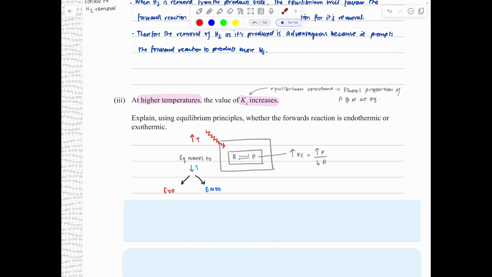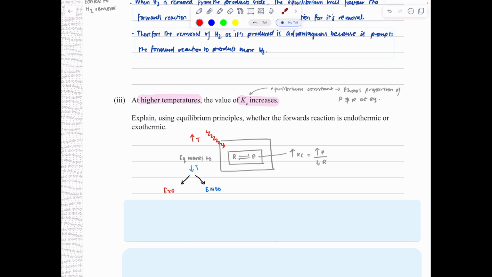Okay, so the next part we have to unpack is high temperature, which is being induced. Okay, so this is the change or the disturbance. So because the temperature of the surroundings of the reaction is increasing, equilibrium wants to counteract this by decreasing the temperature back down to restore the equilibrium.